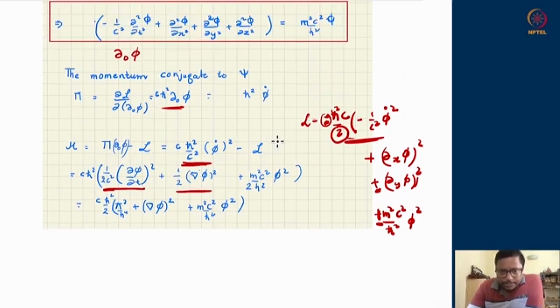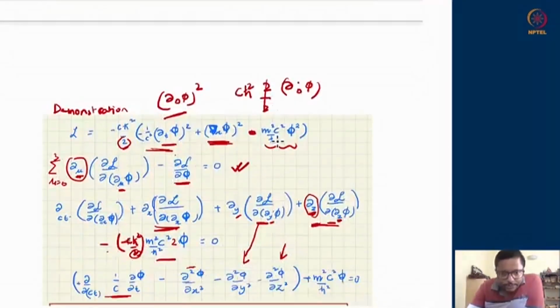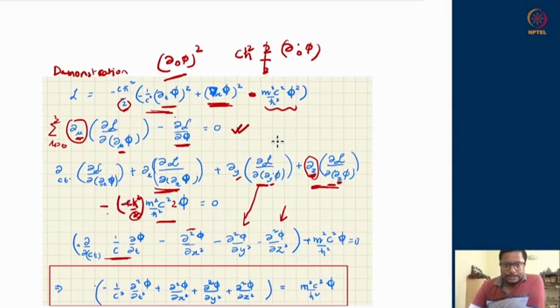So just let me have a look once more. Effectively this should have been a plus only. Let me see. They should have been a plus. All the things have the same sign over here.